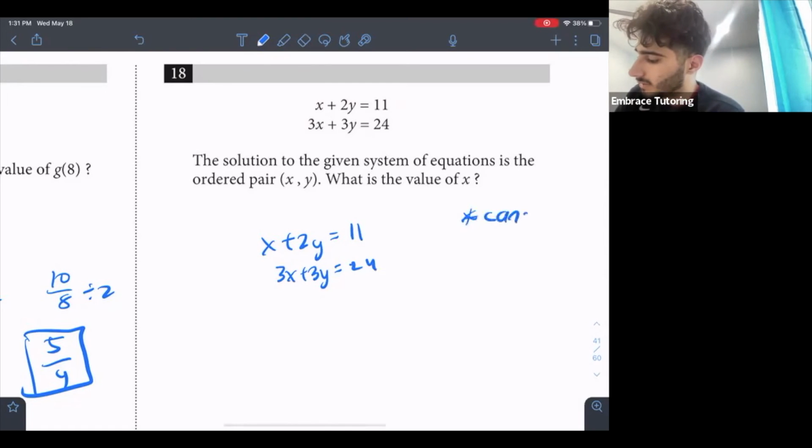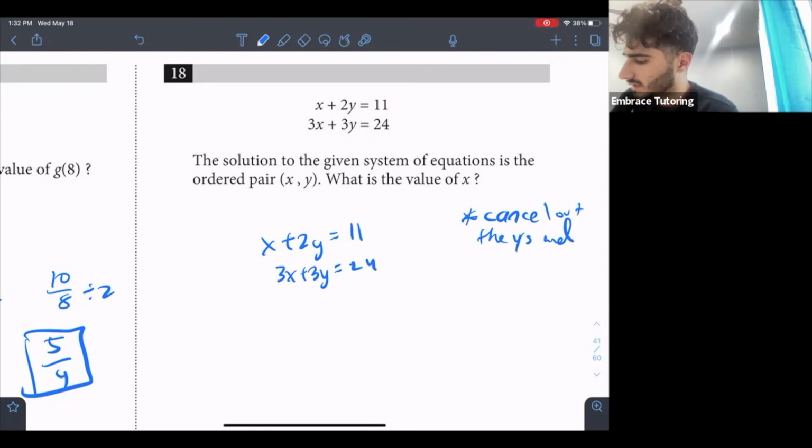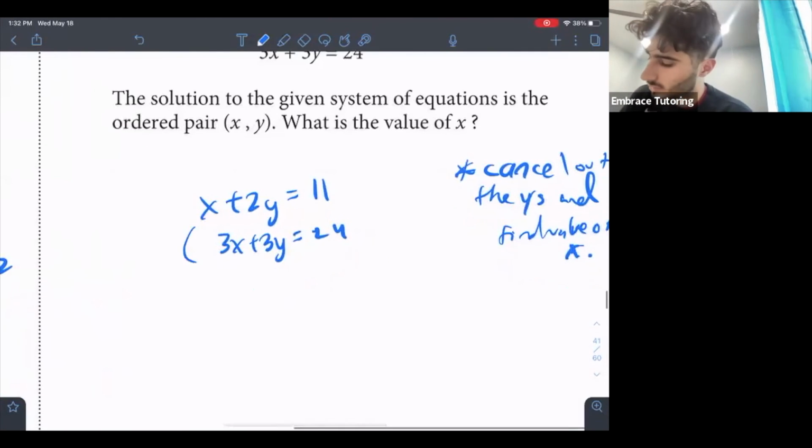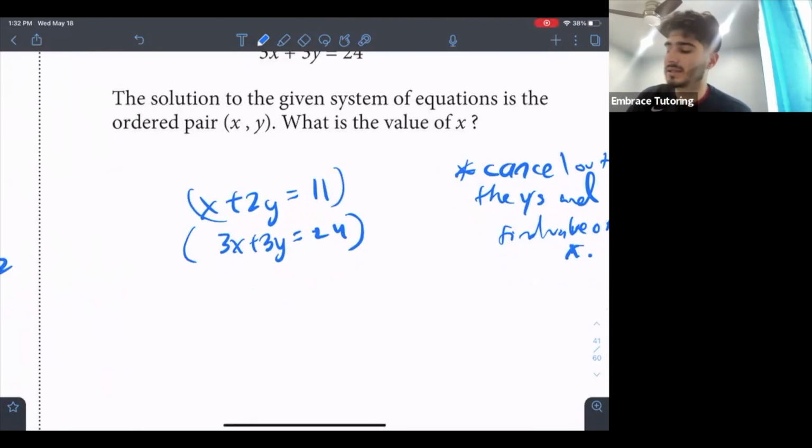So you cancel out the y's and find the value of x. The way you can do that is to multiply the top and the bottom equations to get the same y coefficients.